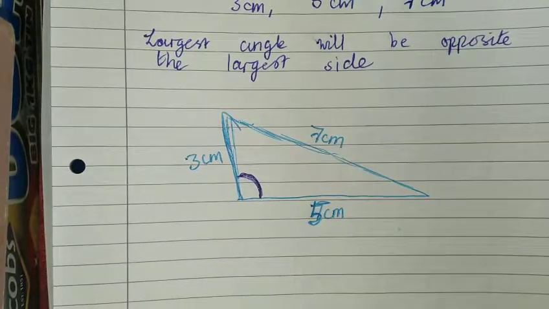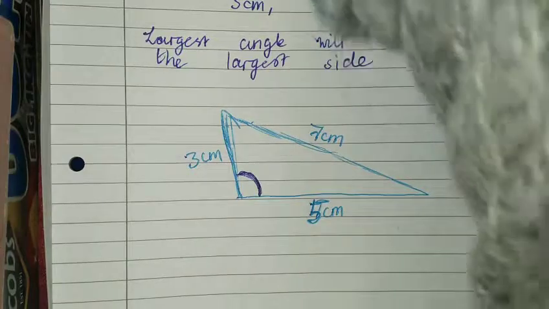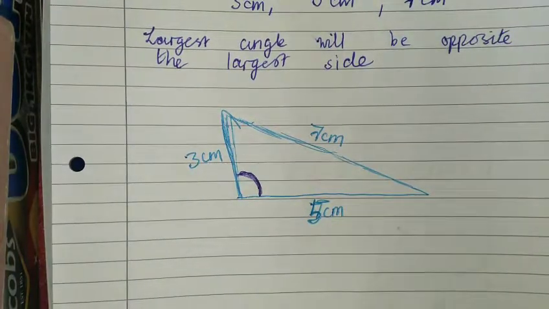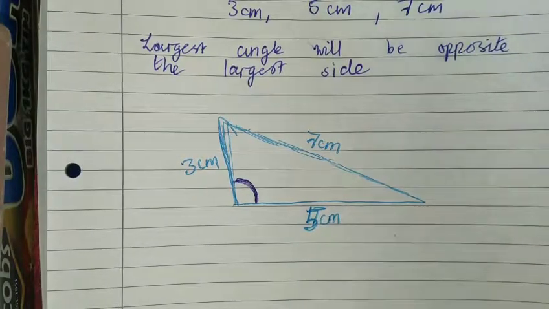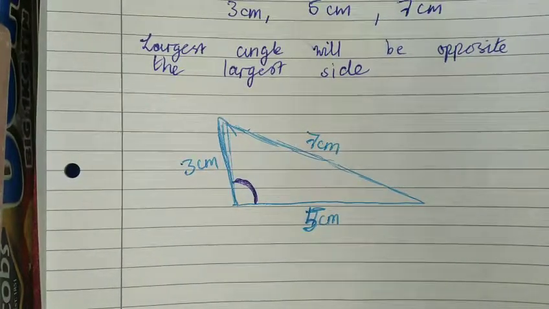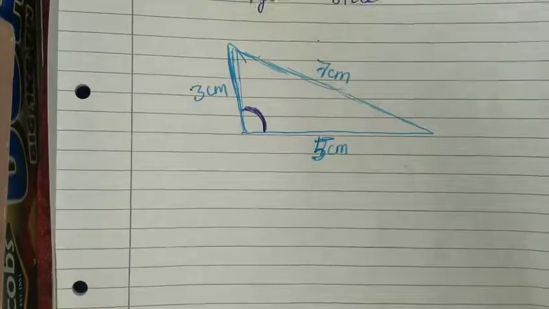So when I have a triangle that's not right angled, the tools that I have available are, so we can just write them out.